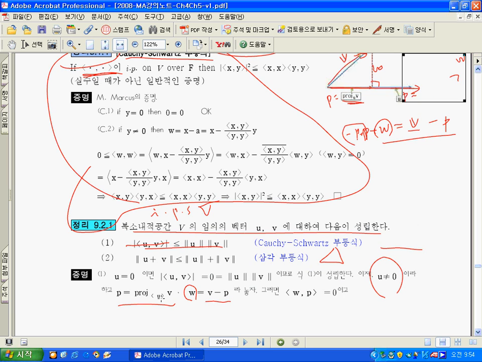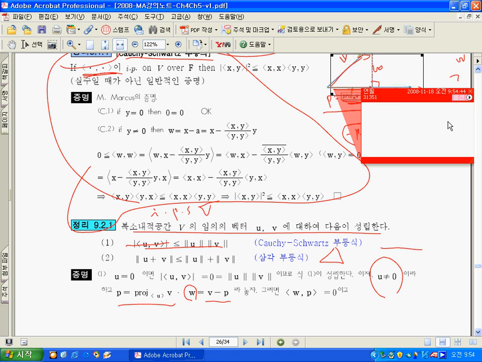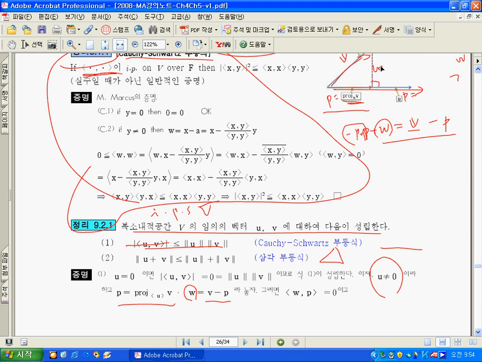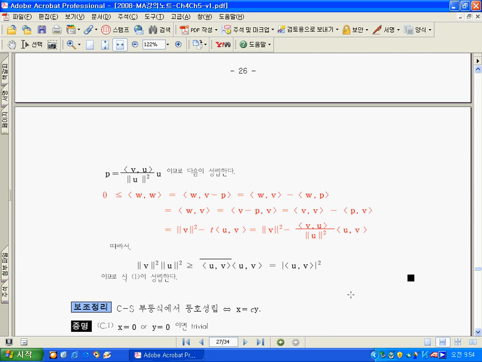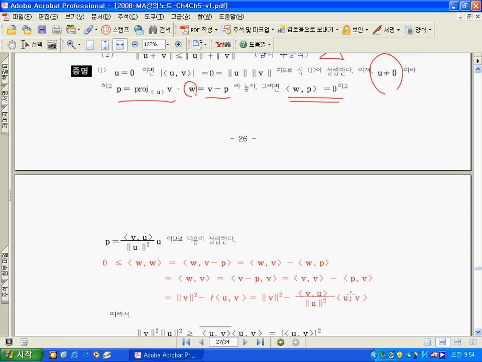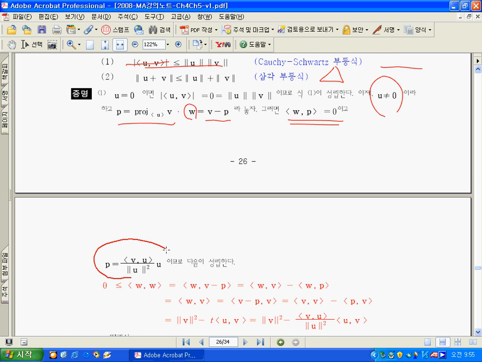And the important thing is that W and P are orthogonal, so the inner product is equal to 0. Then we have learned that P can be written in this way. P is equal to TU, and we have shown this T can be obtained in this way.